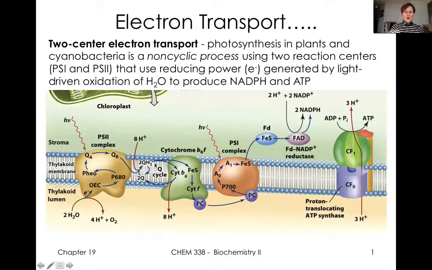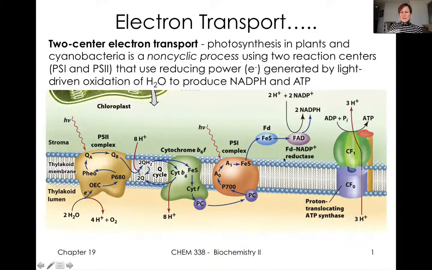We're going to see homologs to coenzyme Q in plastoquinone, and a homolog to cytochrome C in plastocyanin. And so we're going to see something analogous to the Q cycle with cytochrome B6F, which has homology to complex 3 in mitochondrion.